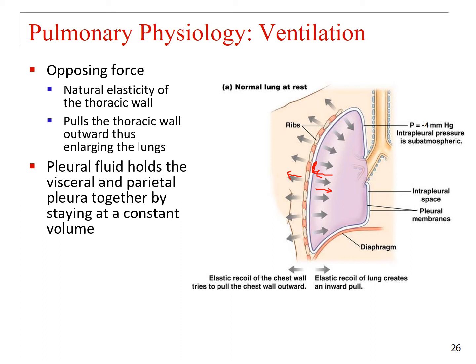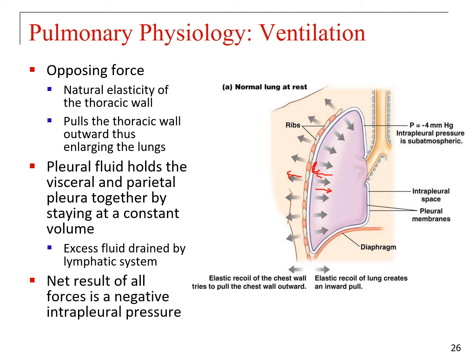So this mechanical coupling means that there's sort of a liquid coupling, which is the pleural cavity, between the lung tissue and the chest wall itself. Now, any excess fluid will be drained by the lymphatic system because it's extremely important to keep the pleural fluid at a constant volume. So the net result of all of these forces is a negative intrapleural pressure.